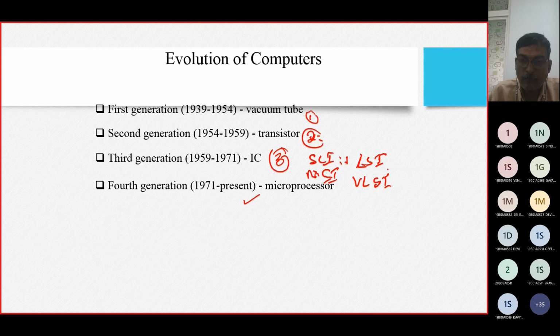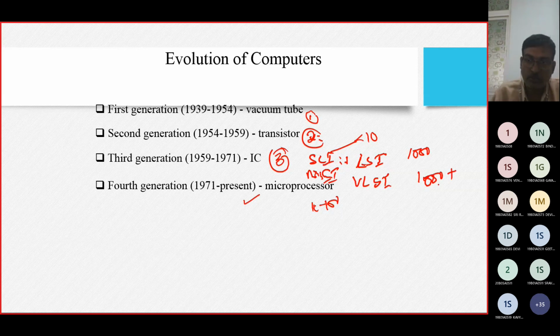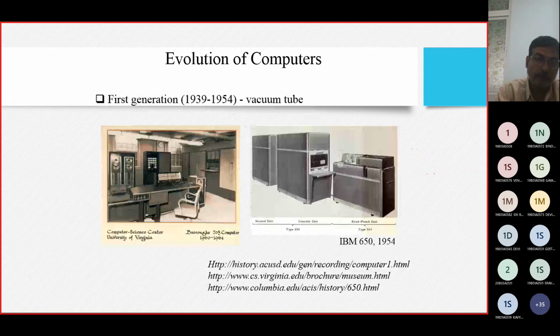When the number of transistors is less than 10, we call it small scale. When it is 10 to 100, we call it medium scale integration. In large scale integration, the number of transistors will be up to 1000. In very large scale integration, the number of transistors was up to 10,000, etc. So this is all regarding the way the development happened.